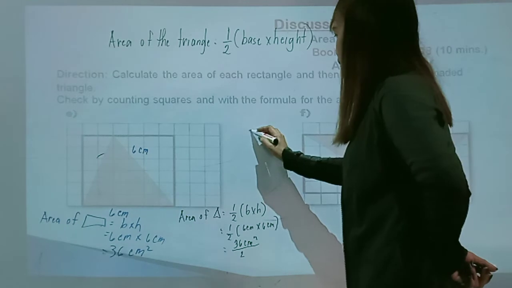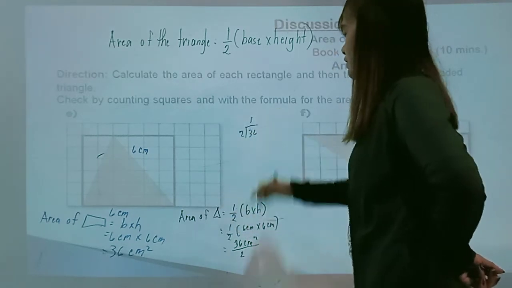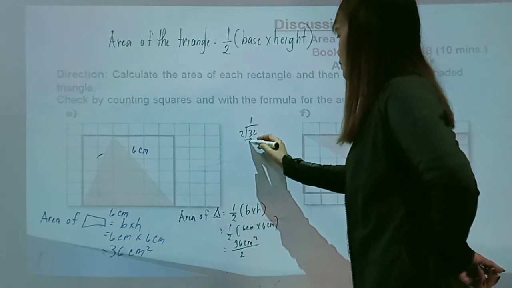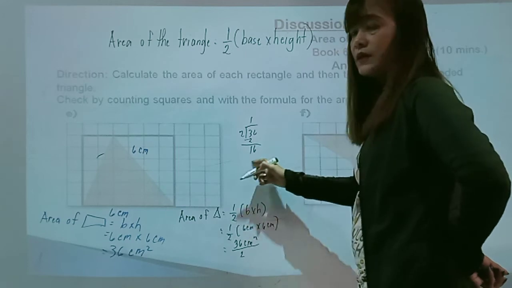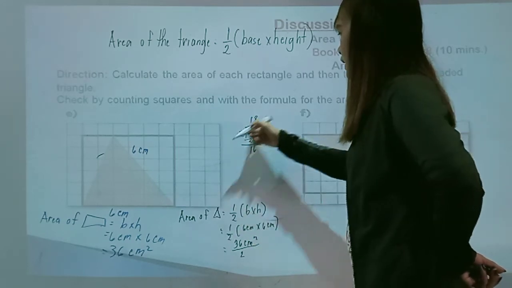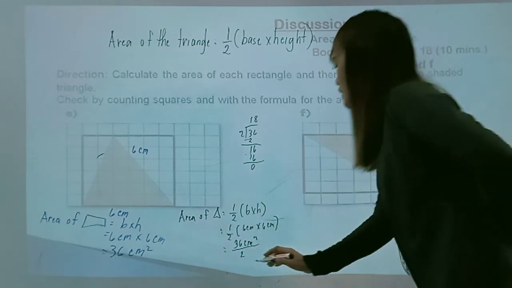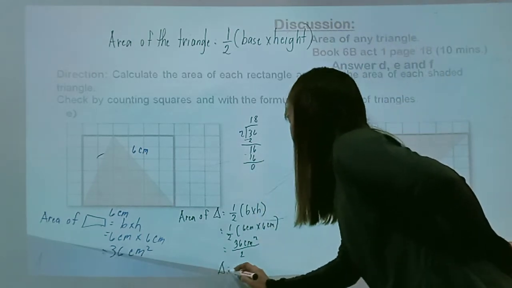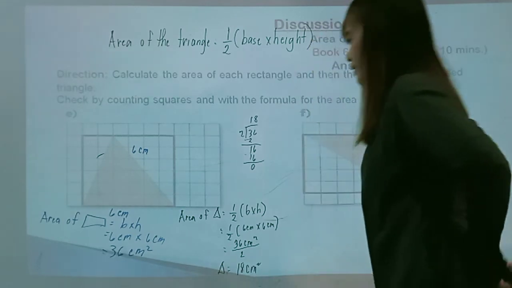Let us do 36 divided by 2. 3 divided by 2 is equal to 1. 1 times 2 is equal to 2. 3 minus 2 is equal to 1. Bring down 6. 16 divided by 2 is 8. 8 times 2 gives us 16. 16 minus 16 is equal to 0. Therefore, class, the area of the triangle is equal to 18 centimeter squared.